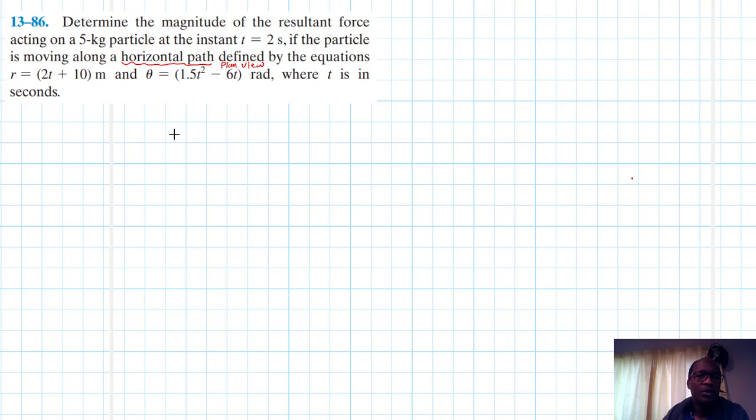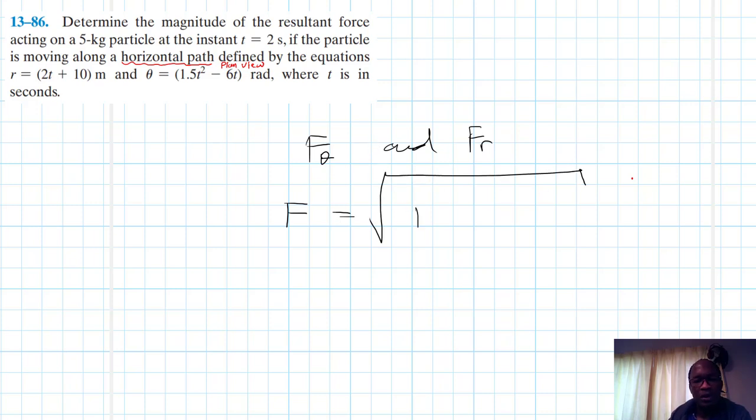All right, so what are we being asked to find here? We are being asked to determine the magnitude of the resultant force. This resultant will come as a result of F theta and Fr. So our resultant force will just be equal to the square root of F theta squared plus Fr squared.